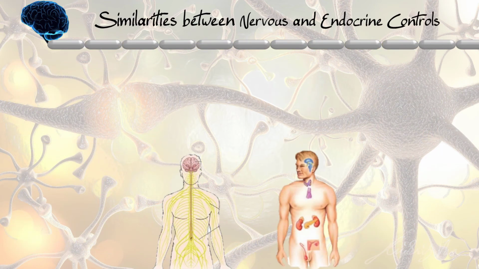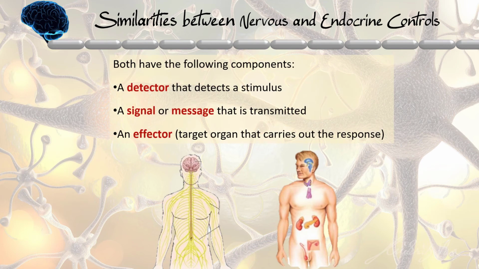Lastly, let us do a comparison between the similarities and later the differences between our nervous control and endocrine control. So what are the similarities? Both require a detector. For example, for a nervous response, maybe a change in light intensity.